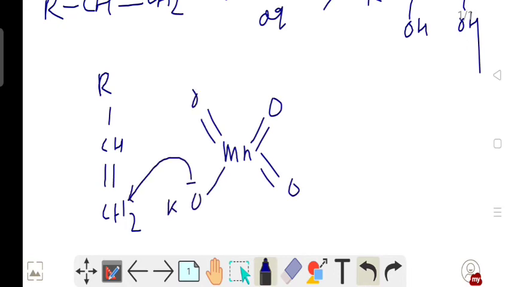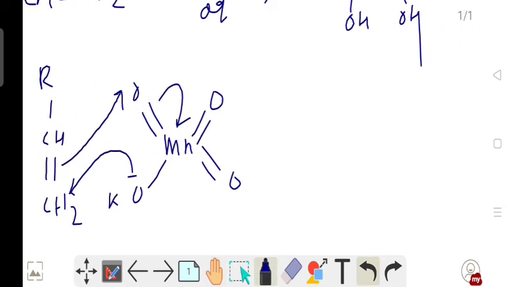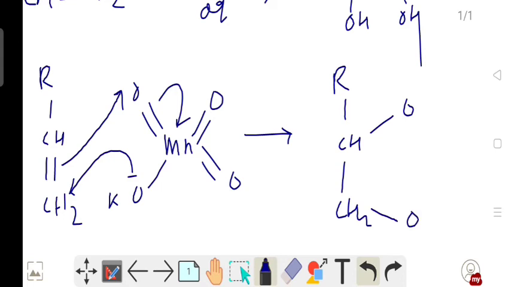The double bond attaches here, and this is a cyclic transition state. Sorry, it's not 6-member, it is a 5-member cyclic transition state, and after that it will form this molecule.